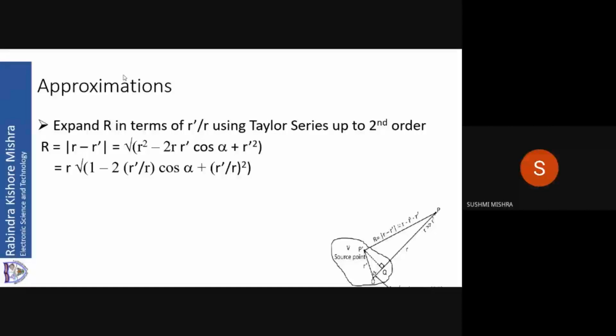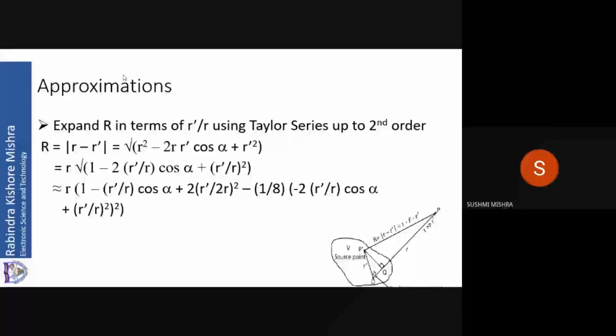So first term is 1, second term is 2 r dash upon r, because you have in the numerator r, denominator r square. So that gives you this. Cos alpha remains as it is, plus r dash square by r square. So that I can write as r dash upon r whole square. So now let me expand this term using the Taylor series approximation. If I use Taylor series approximation to expand this term, r remains as it is outside.